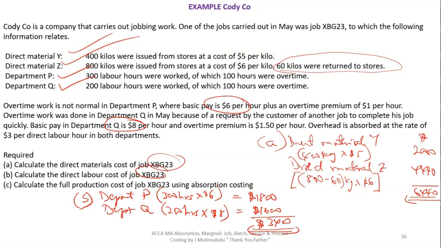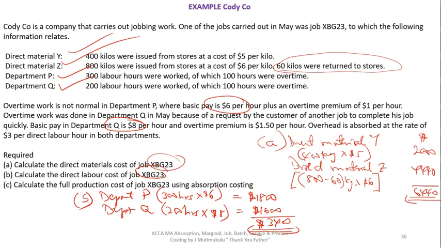Overtime work was done in department Q in May because of a request by a customer of another job to complete this job quickly. Basic pay in department Q is $8 per hour and overtime. Overhead is absorbed at the rate of $10 per direct labor hour in both departments, so that's actually not an issue.